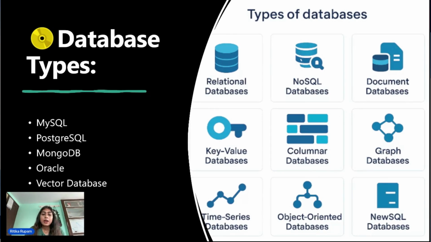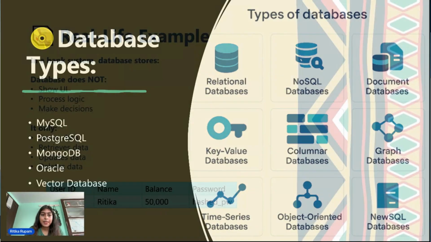The MongoDB database stores data in the form of key value pairs, primarily known as the JSON format. Oracle is also a database with multiple versions, so you can store any type of data. For example, Oracle has recently launched the 23ai database, which stores the vector embeddings of the AI models that are being used by many developers.